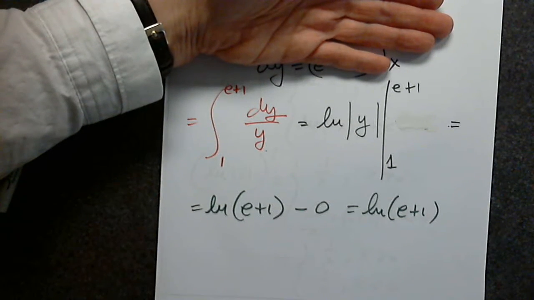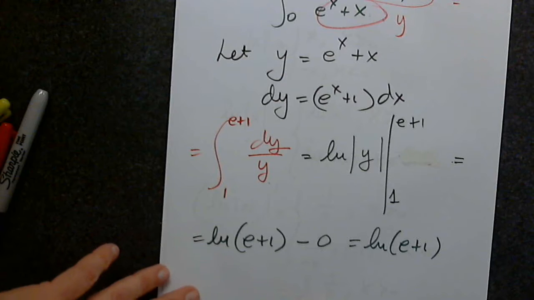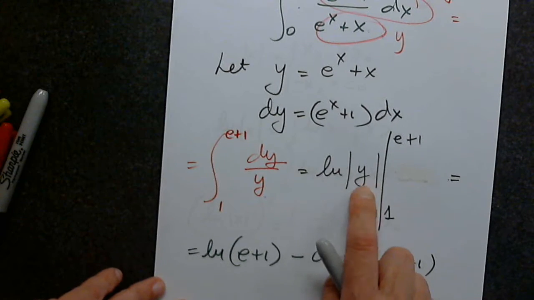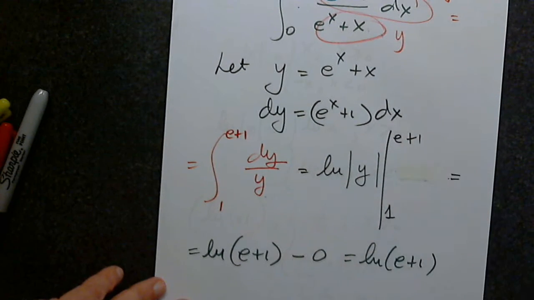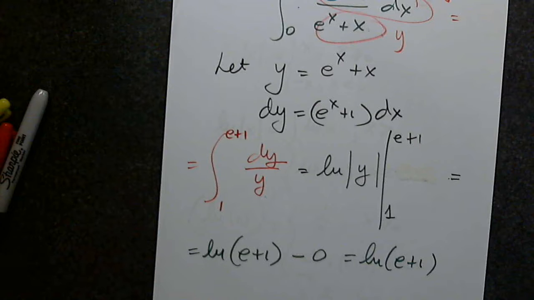Does it make sense? Yeah, it makes sense now. If you want to change y back to x, then you have to change the limits of integration back to the limits of x, and you'll still get the same answer. But I recommend don't look back. Once you move to the new integral with a new variable and new limits of integration, forget what you had before, because the answer is a number.